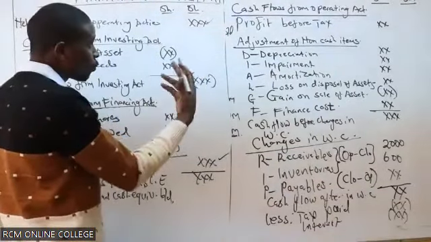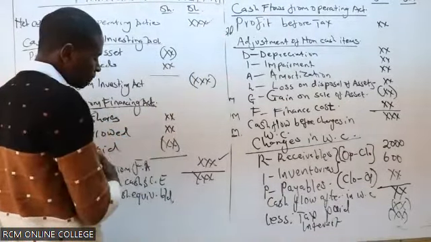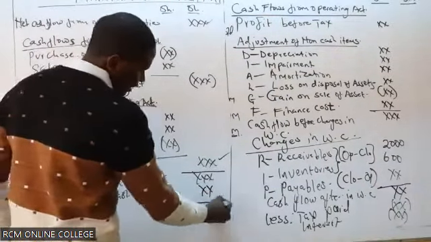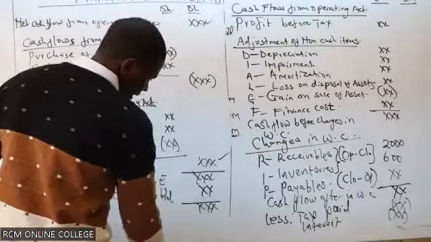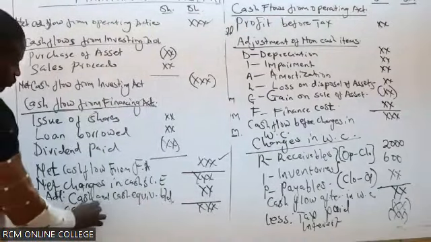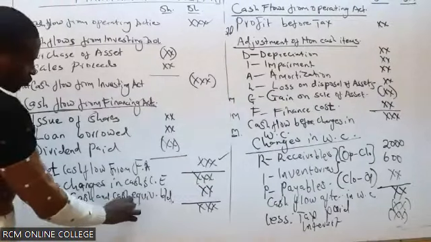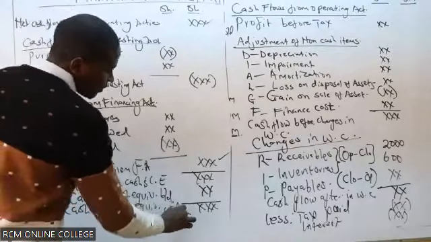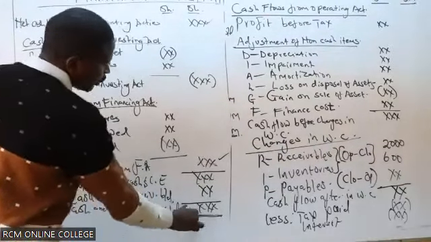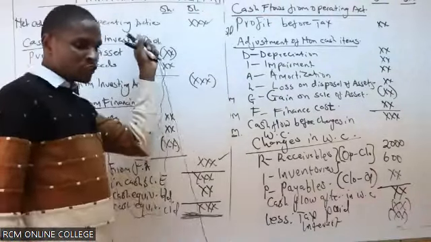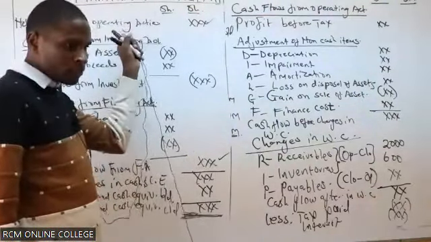It is in our year 2020 brought down, you add there. Then what we get as the result here, class, is cash and cash equivalent carried down. And this one should match with the cash in the closing.